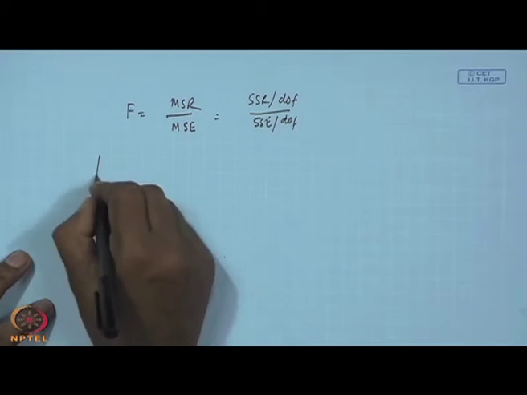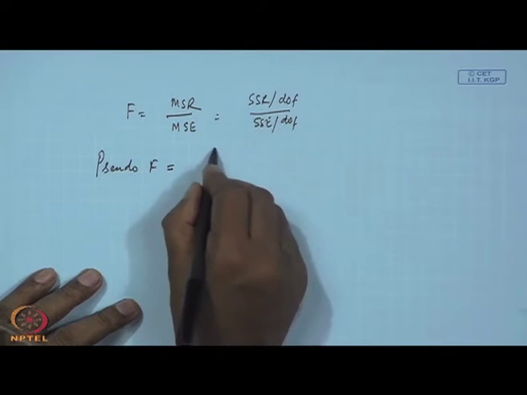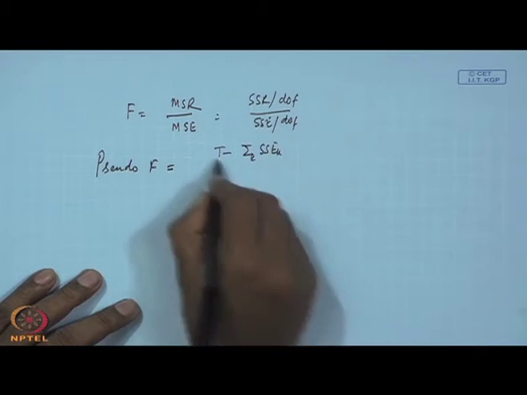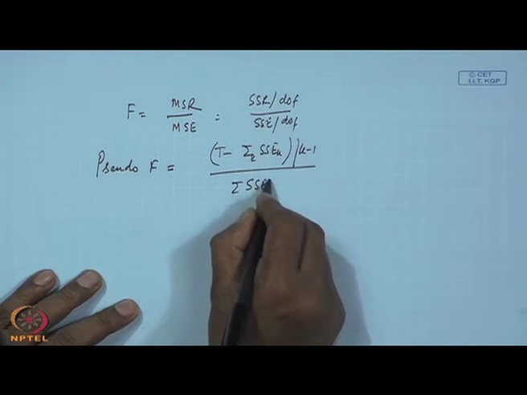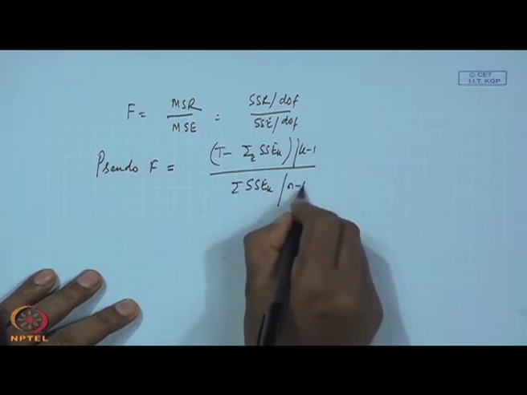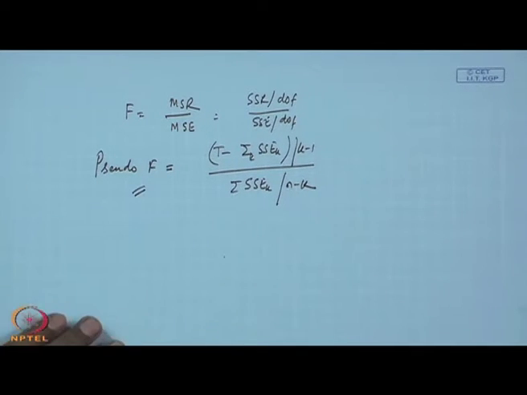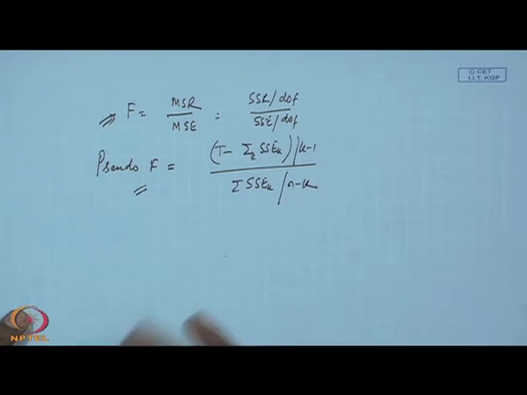Here also you can say pseudo F, which will be T minus the sum total of SSEk by K minus 1, divided by the sum total of SSEk by N minus K. This is your pseudo F, similar to the F statistic used in regression equations. Why pseudo? Because ultimately the distribution is not known.